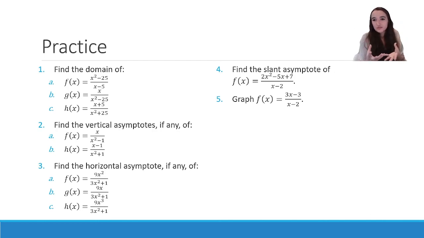And really the only thing we've added here is this concept of asymptotes. But make sure that you're plugging in and checking your work. Check, plug in. I swear it'll save your grade, at least. So please do that. And then we're going to move on to exponential functions next.